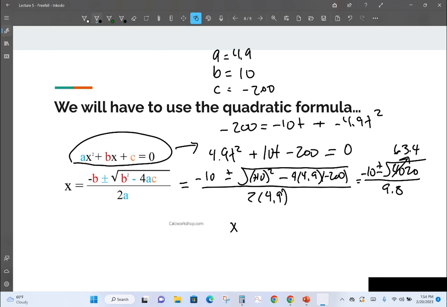So what I want to do is go negative 10 plus 63.4, all over 9.8. And if I do that, I'm going to get 53.4 divided by 9.8, which is 5.45 seconds.